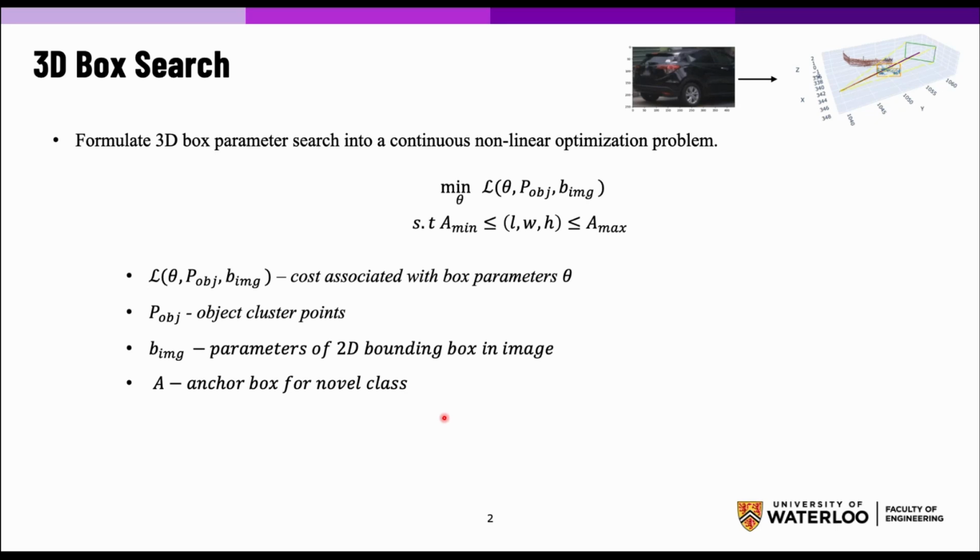So the first thing to recognize is that we can actually formulate this problem of finding box parameters as a continuous nonlinear optimization problem. In our optimization problem, what we're trying to do is find the box parameters theta, which minimizes some cost function. And the cost function will take into consideration the object cluster points and also the parameters of the 2D bounding box from the image.